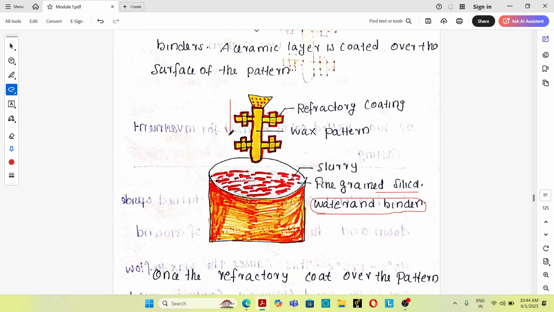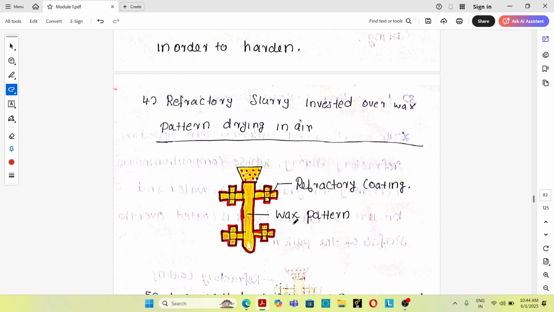In the fourth step, the refractory slurry invested over the wax pattern is dried in air. The assembly along with the refractory coating is drying in air.